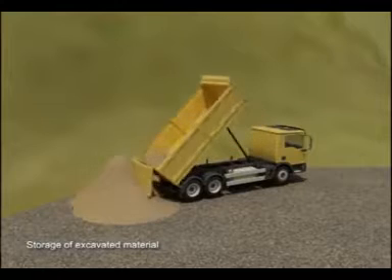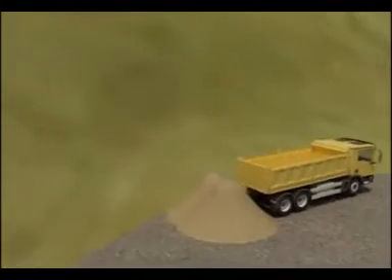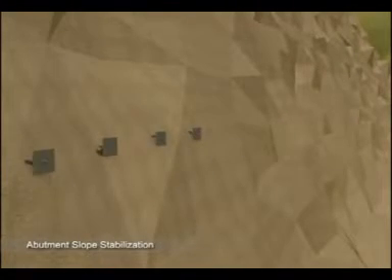The excavated material is stored on either bank for further use in coffer dam construction. The excavated slopes are stabilized by installing rock anchors and spraying shotcrete.